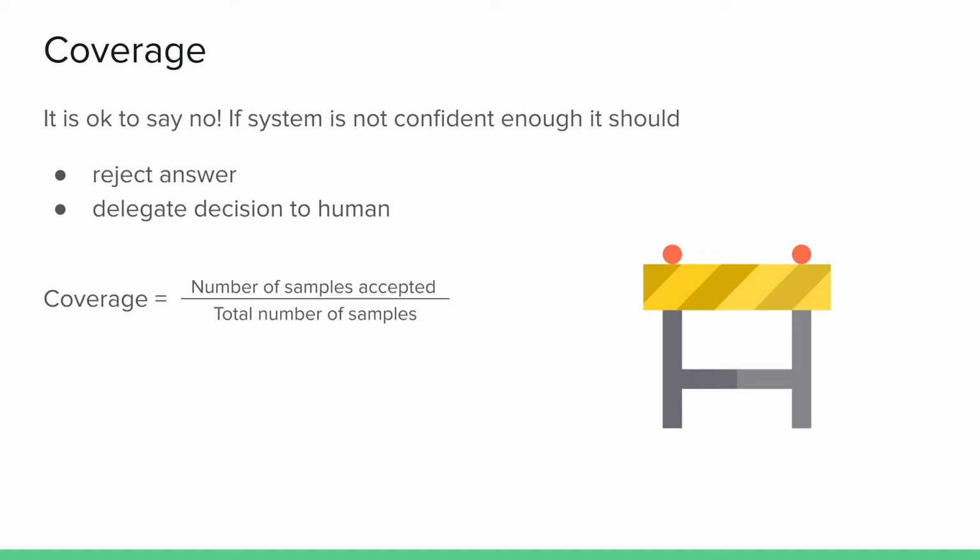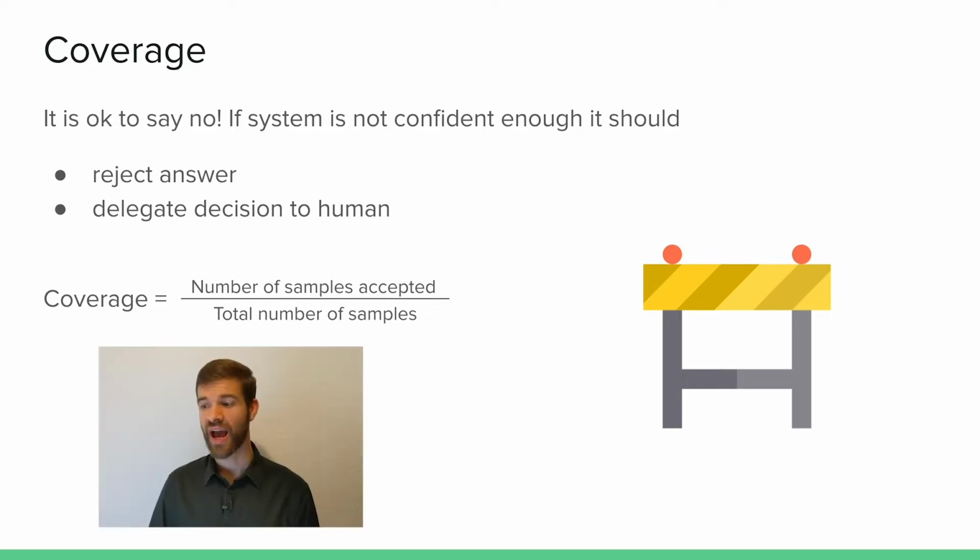It will not know the answer for sure. If the system is not confident enough to give a prediction and to state a clear output, it should be allowed to reject giving an answer, saying, okay, please, human, this thing is too hard for me, you have to take over, and delegate the decision to us.